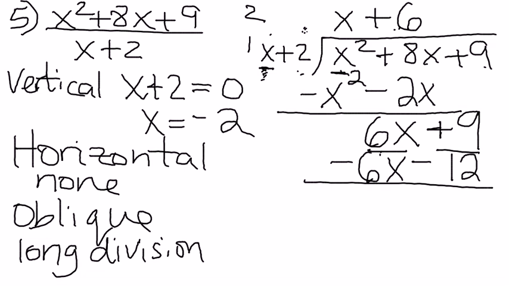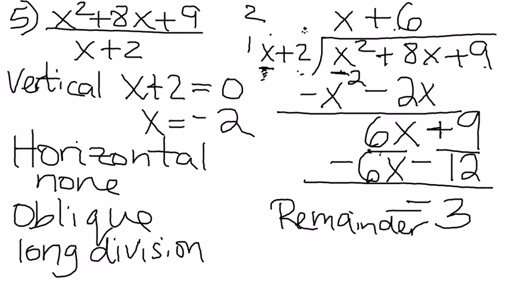Now I go ahead and subtract them. 6x minus 6x cancels, and 9 minus 12 is negative 3. This is my remainder. My top, my answer is my oblique asymptote, so it is y equals x plus 6.